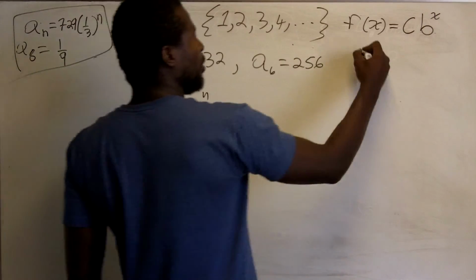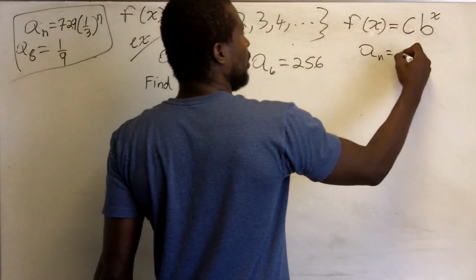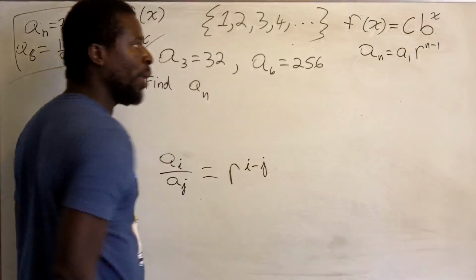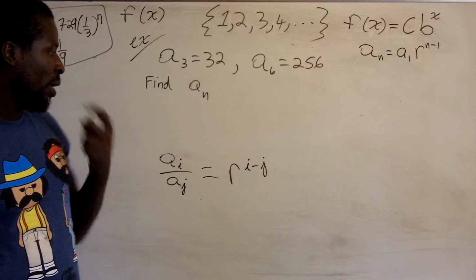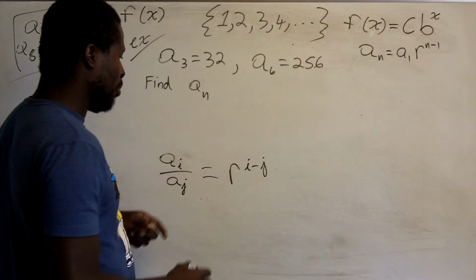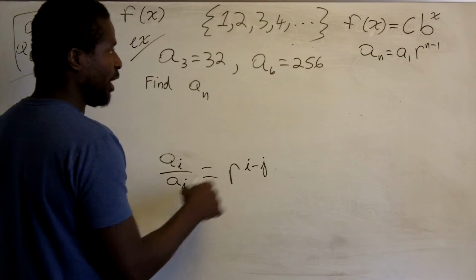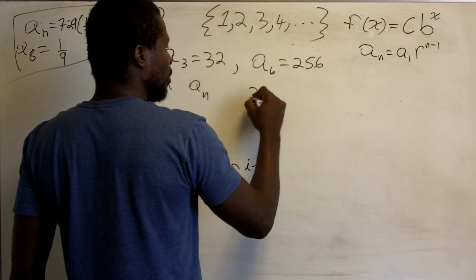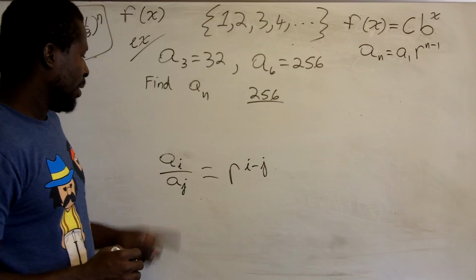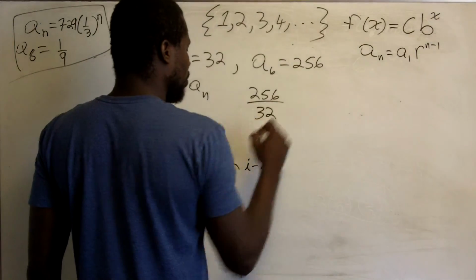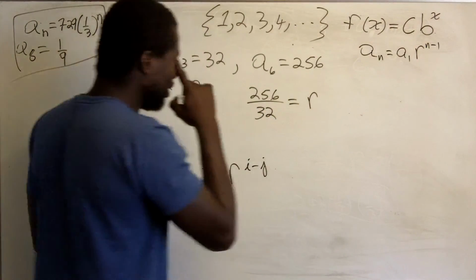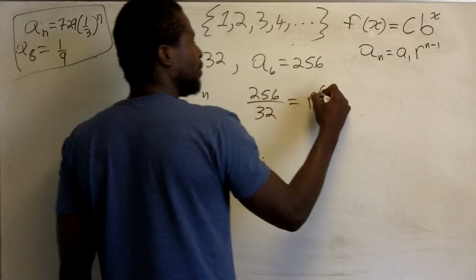So we can't use the formula An equals A1 r to the n minus 1, because we don't know A1, and we really don't know r. But here we have something that can help us find r. This says that if I take Ai, remembering that i was larger than j, so I take A6, 256, and divide it by Aj, which is 32, then it equals r to the i minus j, which is 6 minus 3.